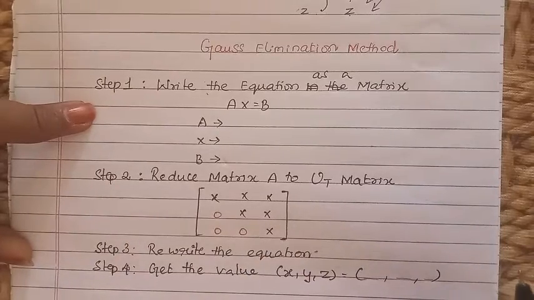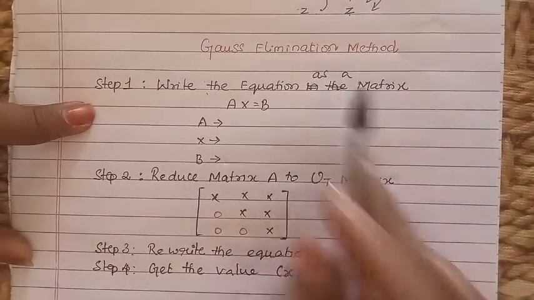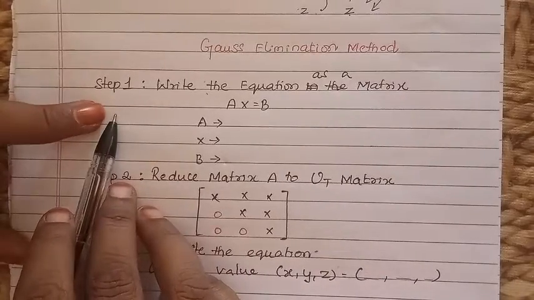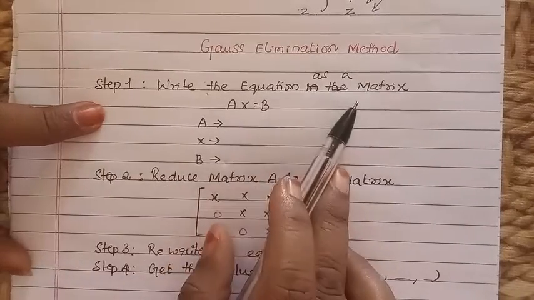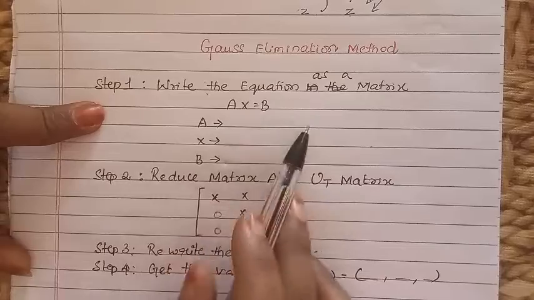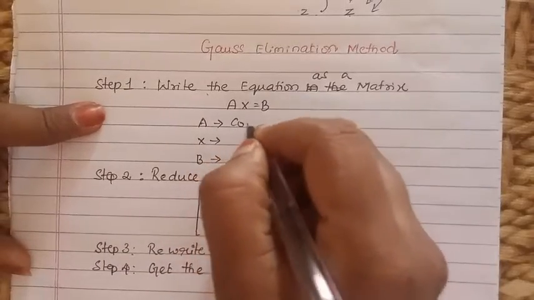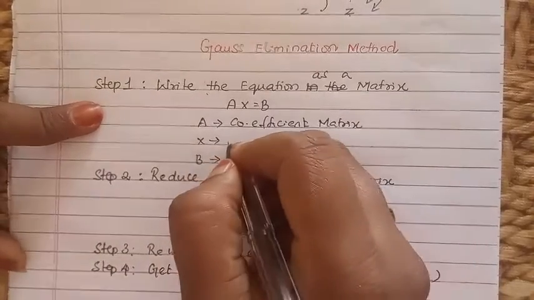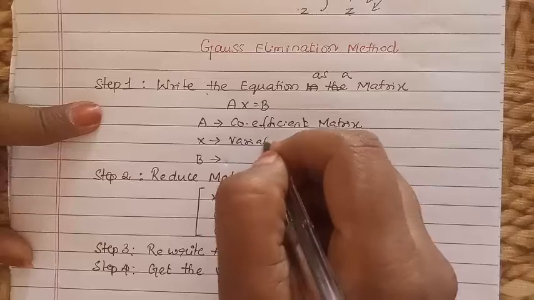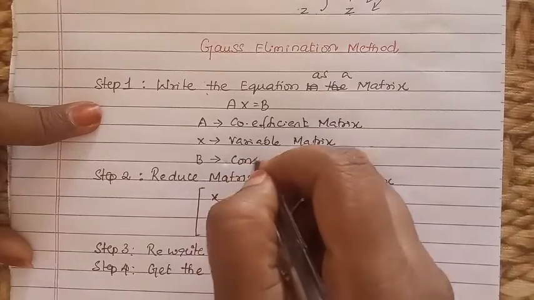Now we'll see the steps to solve the system using the Gauss elimination method. As a first step, we have to write the given equation in the matrix format Ax equal to b, where A is the coefficient matrix, x is the variable matrix and b is the constant matrix.